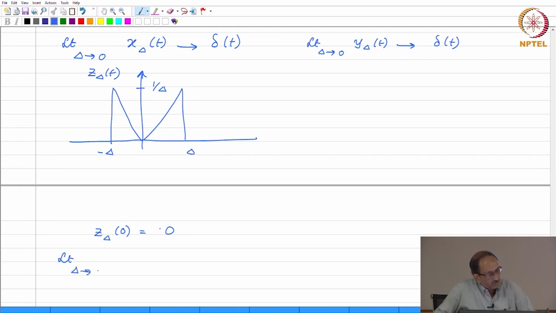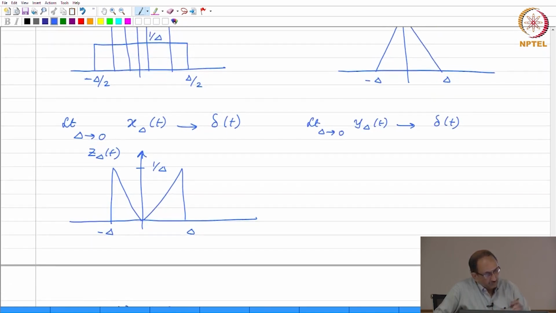Therefore, the limit as delta tends to 0 of z delta of 0 is, very good. What is the area of z delta of t? 1, alright. As delta becomes smaller and smaller, in the limit as delta tends to 0, what does z delta of t tend to?